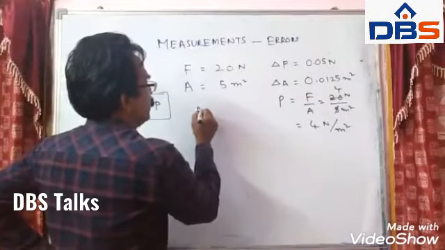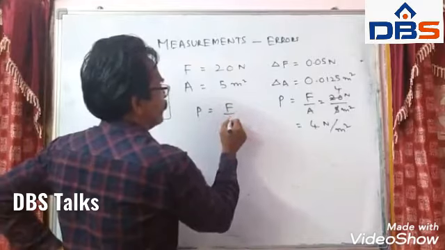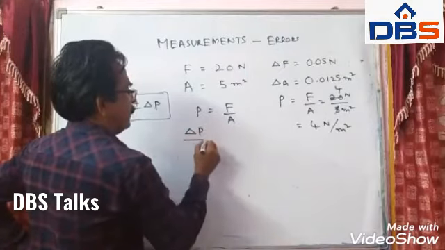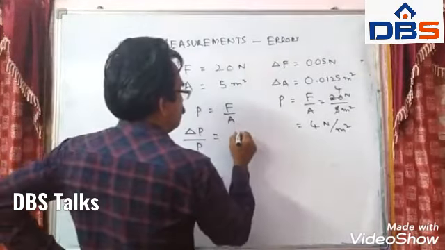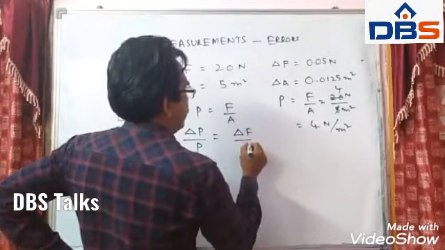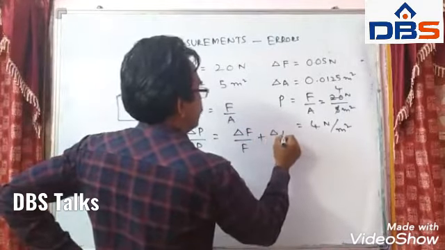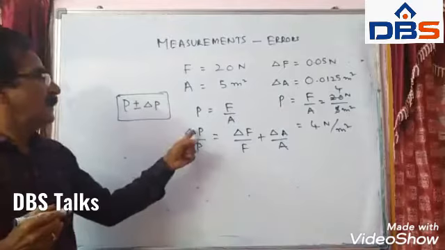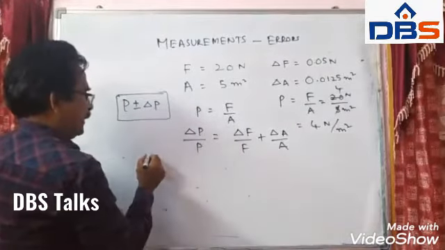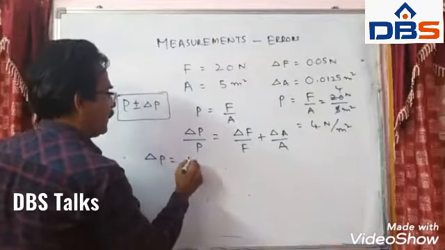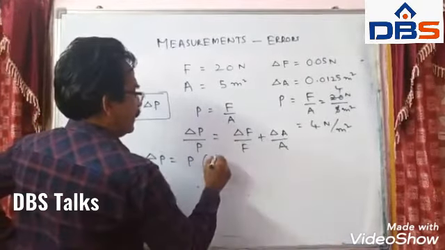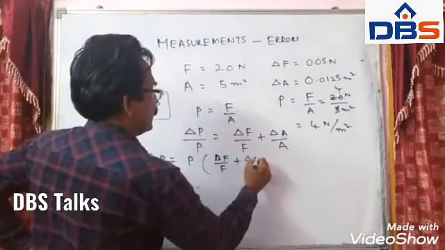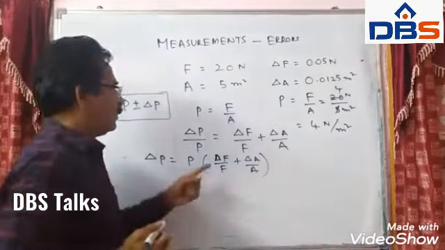So here P is equal to F by A. From this equation, delta P by P is equal to delta F by F plus delta A by A. Delta P is equal to P into delta F by F plus delta A by A. We know all the values.